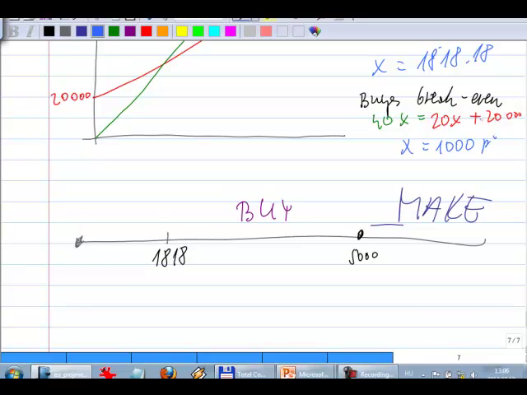Okay, so we have another point here. Under 1818 we cannot buy, but we can make when it's more than 1,000. So it's make again.